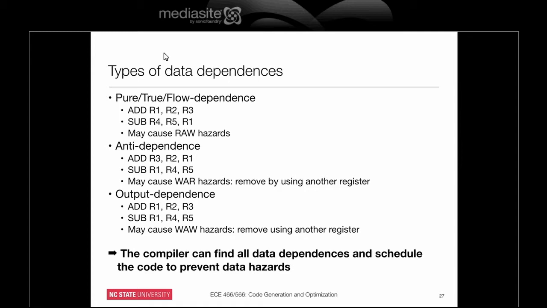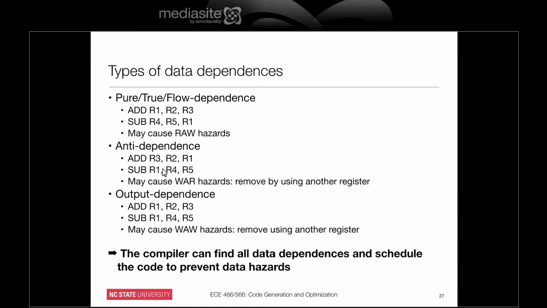Right, so a true dependence is when one instruction writes to a register and a later instruction reads that register. And that would be like producing R1 in the add and then reading it in the subtract. And an anti-dependence occurs in the opposite scenario. Subtract is producing a register, but the previous add is reading it.